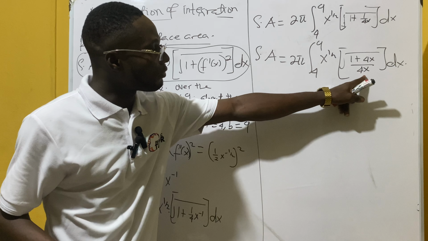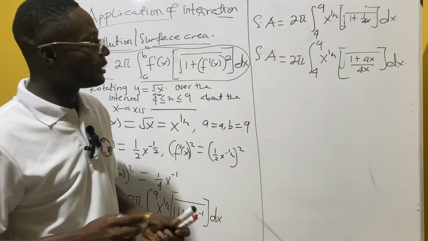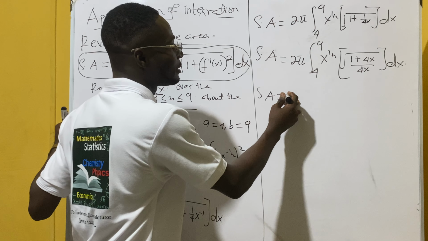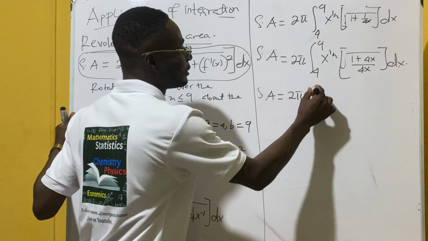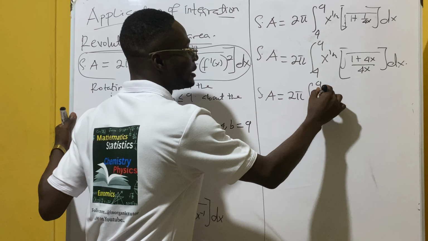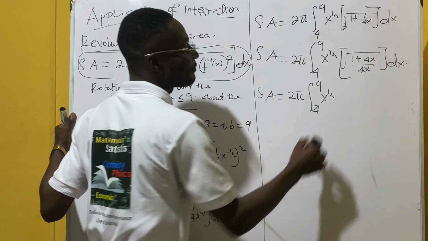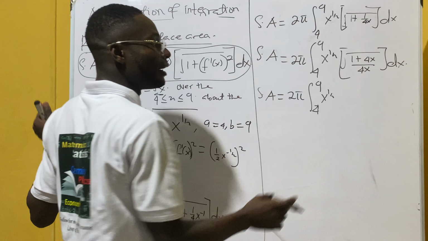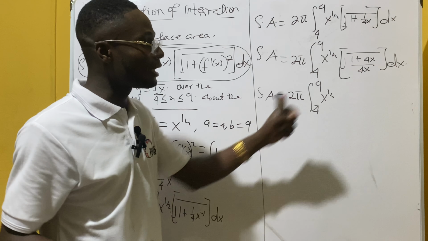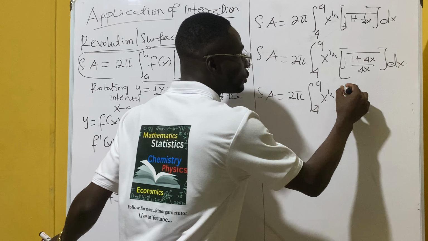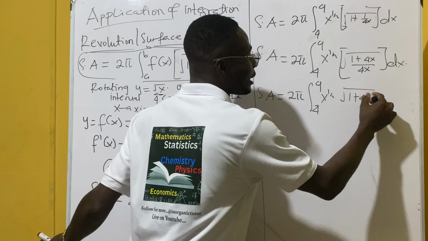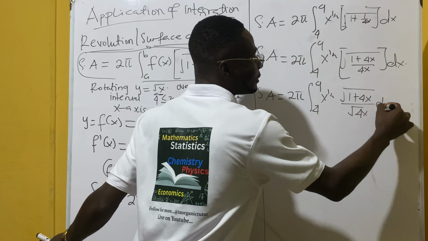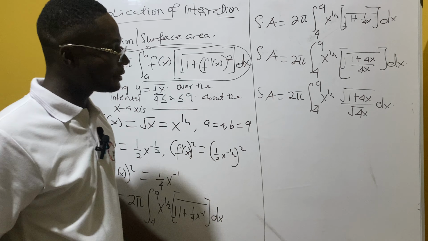Once we have this information, this can be expressed, from this limit to this limit, as x power half, then the function under the root sign can be expressed as root of 1 plus 4x all over root of 4x, times the dx.